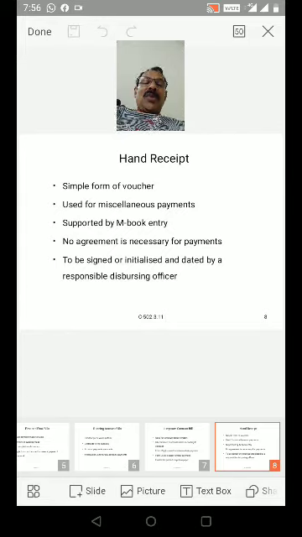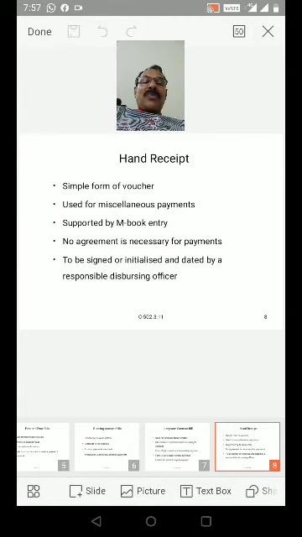It is a simple form of voucher used for miscellaneous payments, supported by M-book entry. No agreement is necessary for payments, to be signed or initialized and dated by a responsible disbursing officer.